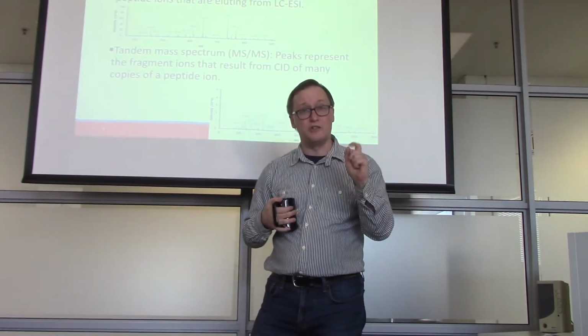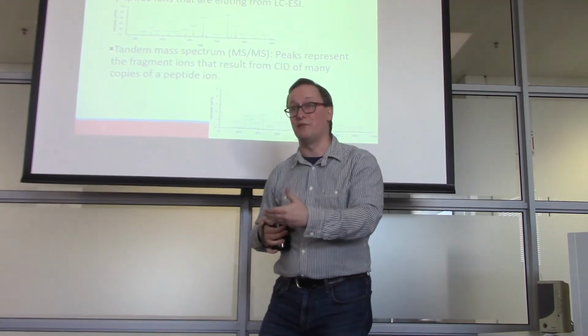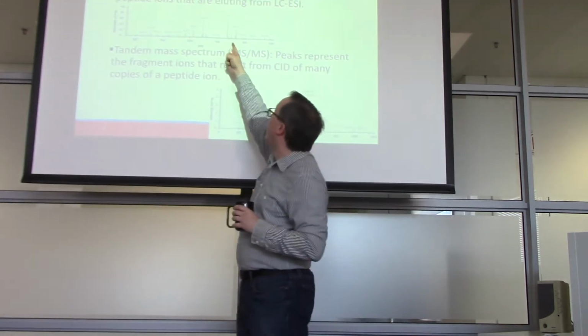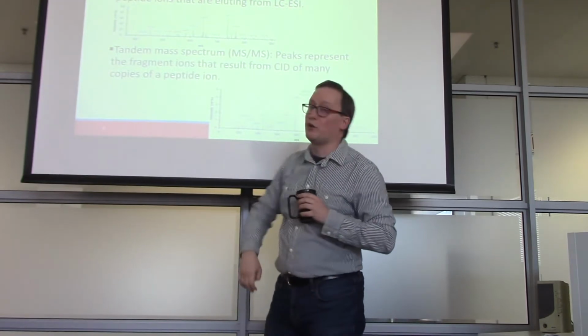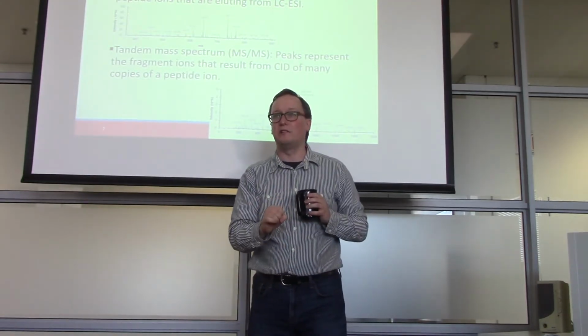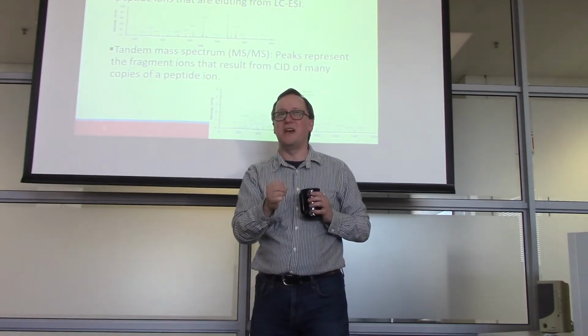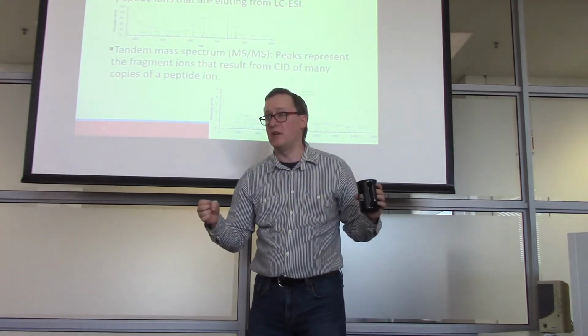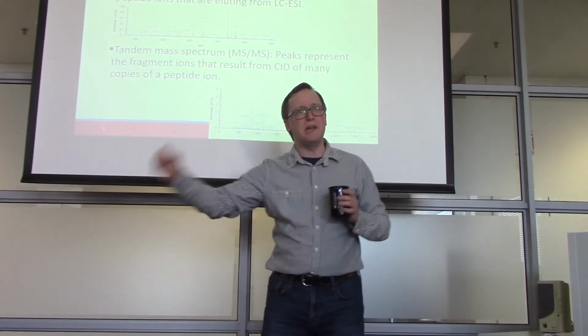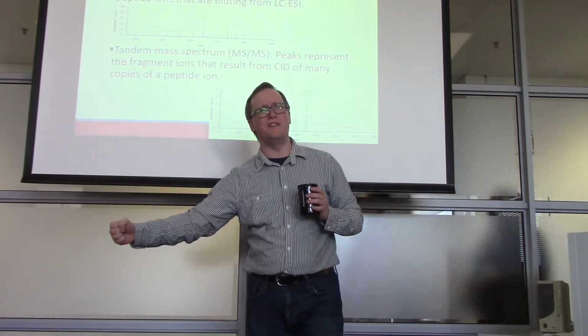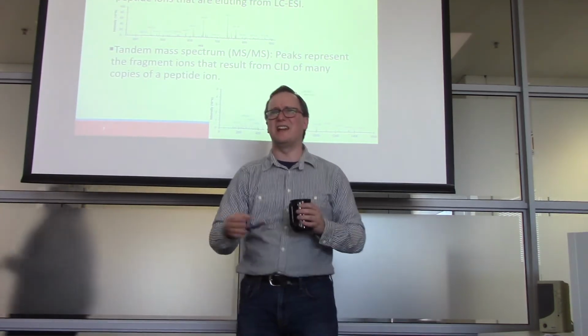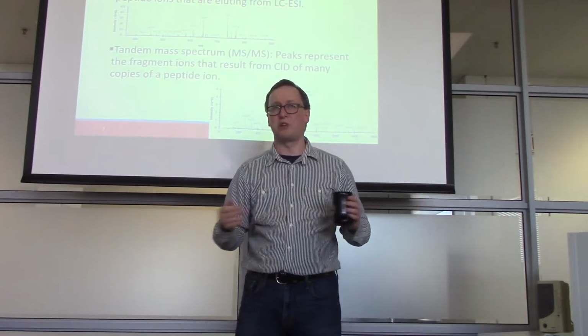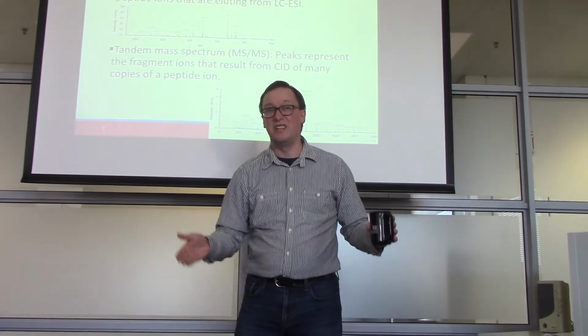I'm going to point out one other thing that's really squirrely about mass spectrometry. Remember that the charge of the ion also makes a difference. So if you grab something at m/z 735 and you break it apart, you may see ions with masses like 1200 m/z. So how could you break apart something at 735 m/z and get an ion that's got a higher m/z value? Did we just create mass? We did not.